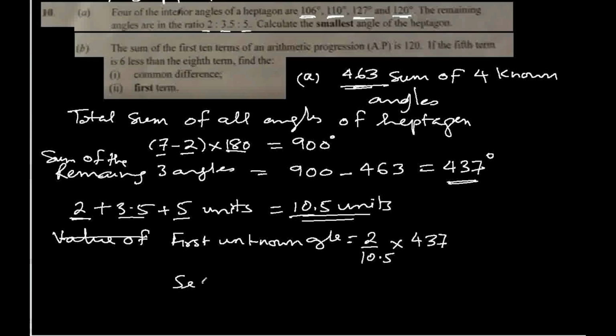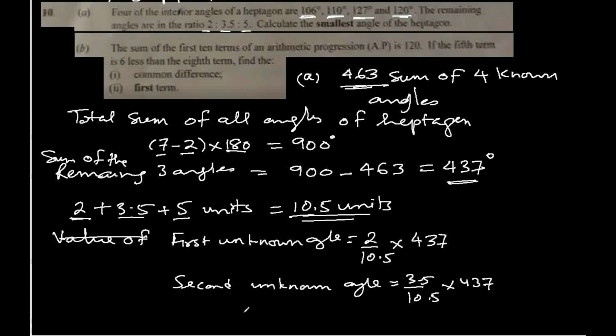Similarly, the second unknown angle is equal to 3.5 over 10.5 times 437.